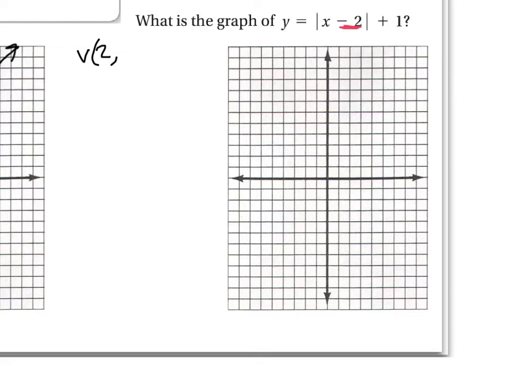We have a vertical shift that moves us up 1. So that means our y-coordinate of our vertex is a positive 1. So the parent function has a vertex at 0, 0, but our function has a vertex at right 2, up 1.